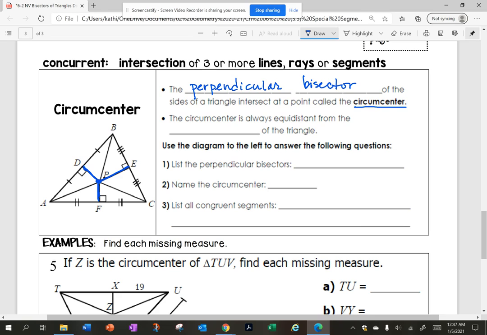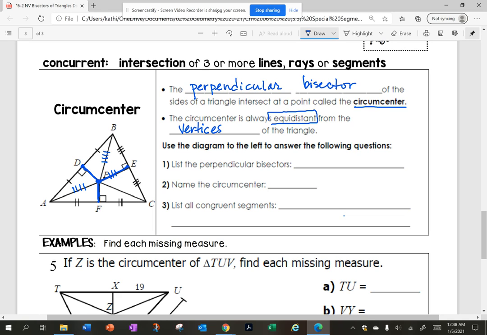So the circumcenter is always equidistant from the vertices of the triangle. So each vertex, that's telling me these are all equal distances right here. The perpendicular bisector already is on the midpoint of each side here.